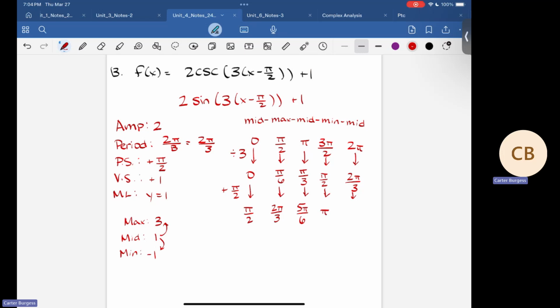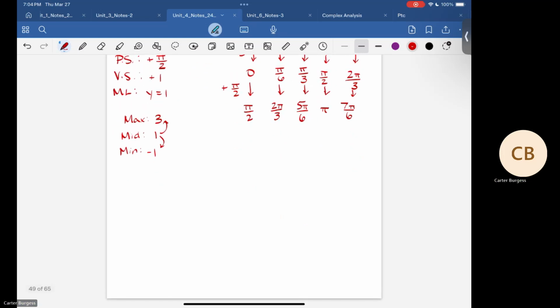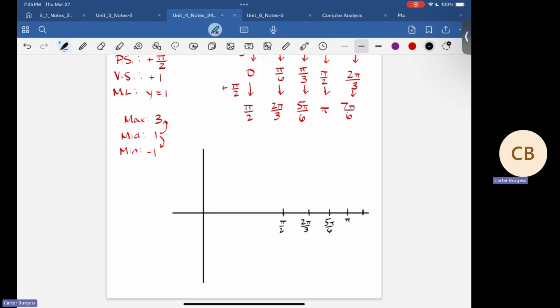This one is pi, and this one should be 7 pi over 6. So this is pi over 2, pi, 2 pi over 3, 5 pi over 6, and 7 pi over 6.